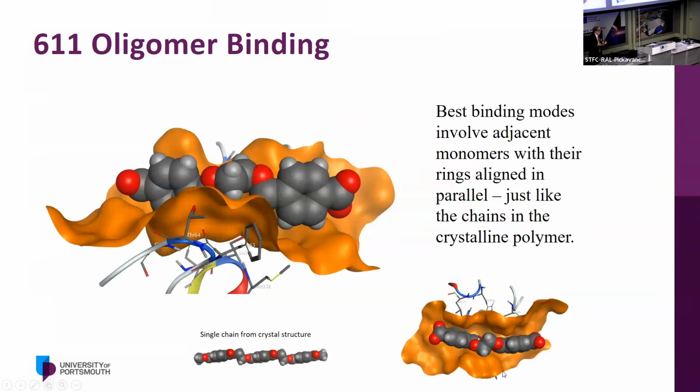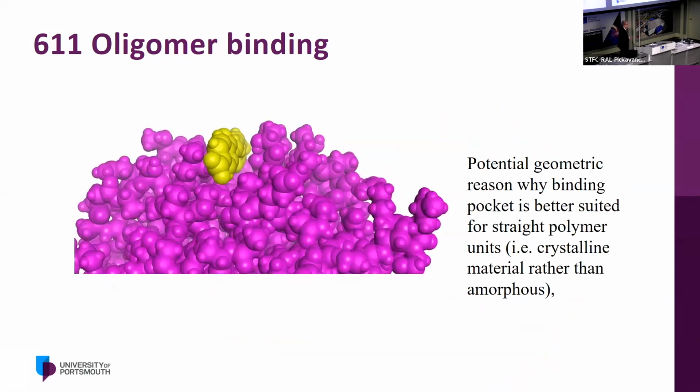So it seems that the environment around the binding pocket is what is really significant. If you have an environment where the active site is relatively flat, then it allows the rings to go into that binding pocket in the same orientation, and hence we speculate that it is much better in terms of breaking down the crystalline material rather than the amorphous.